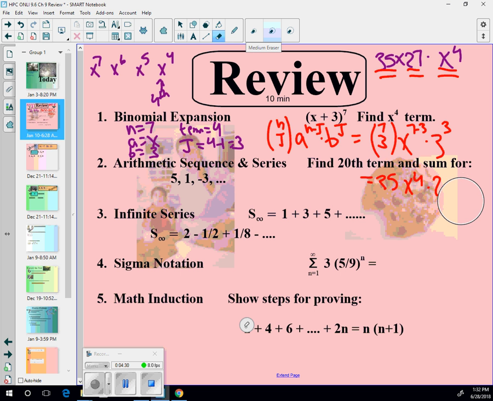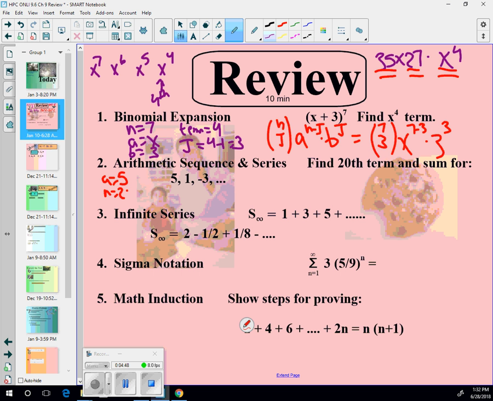Very good. All right. Sequence, arithmetic sequence, arithmetic series. So sequence is a list. Series is a sum. Find the 20th term and the sum. So the first term is a. The number of terms is 20, and the common difference appears to be -4.